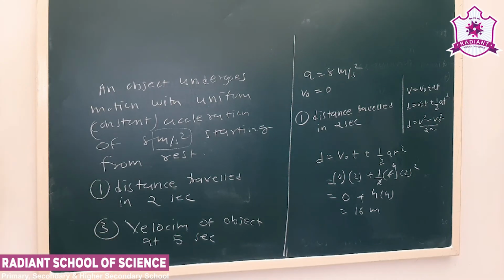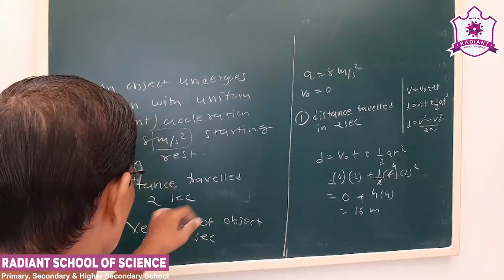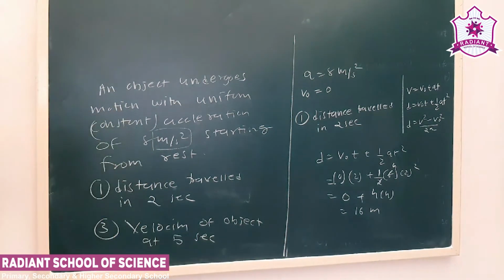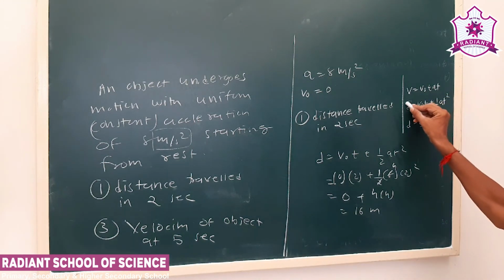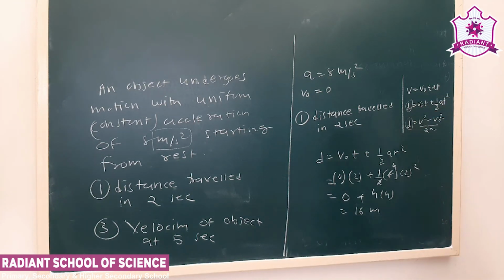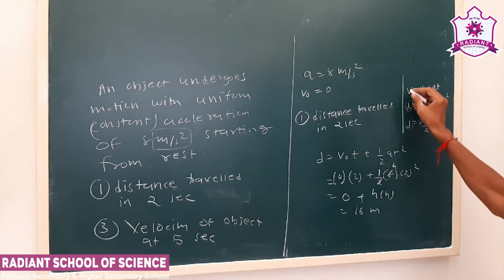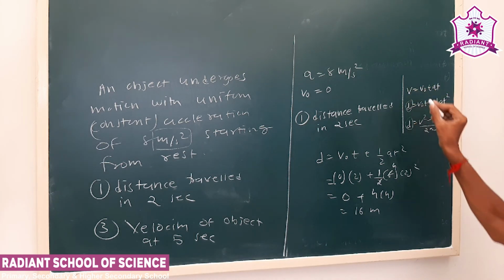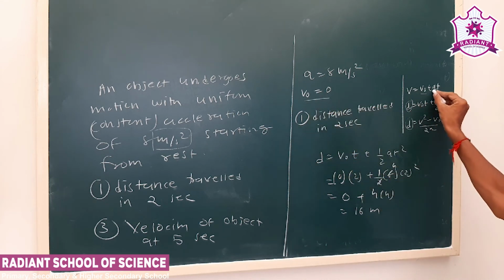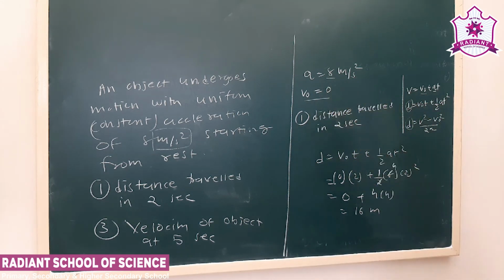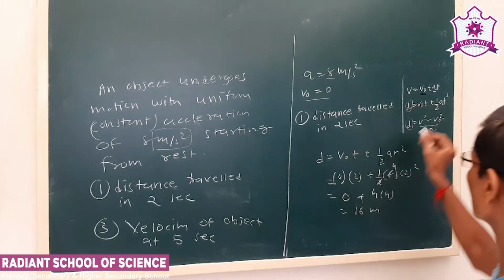Now see the second part, the velocity of the object at 2 seconds. To find out the velocity, these two equations are for displacement, so we cannot use them; we have to use the first equation. V0 is 0, acceleration is there, time is also given.